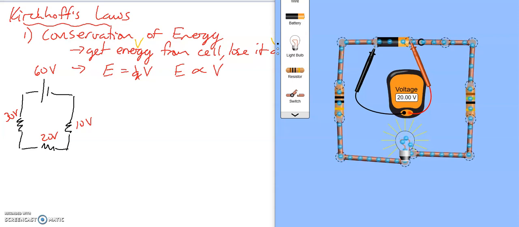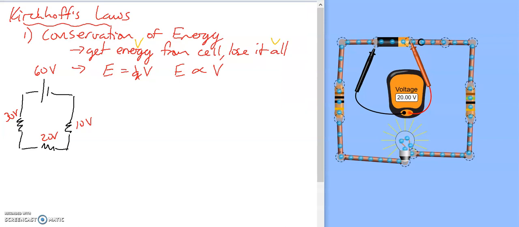Now, the other thing about this type of circuit, and if you remember from grade 9, this is called a series circuit, which means it has only one path, so it's a single path circuit, which is great for simple little things. If you watch the current as it goes around, notice the current is the same everywhere, the same rate of flow.